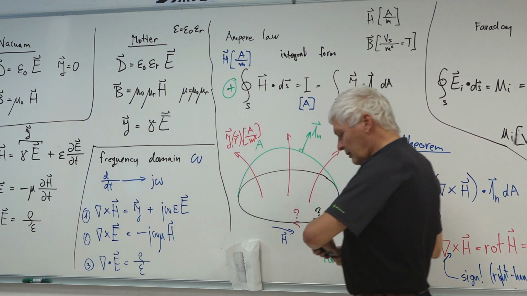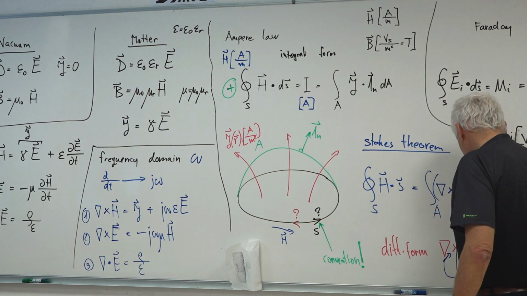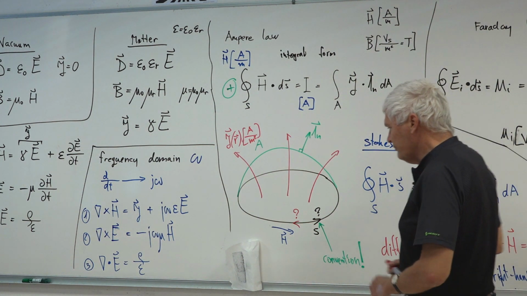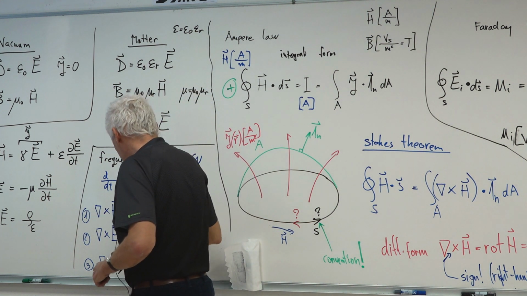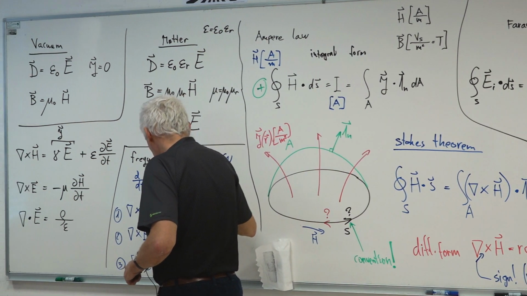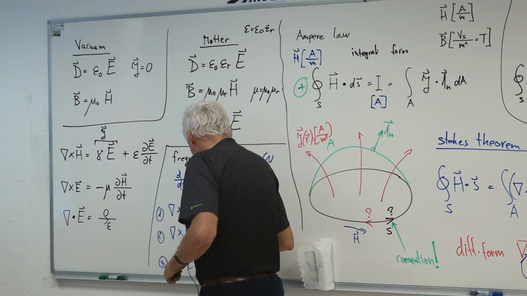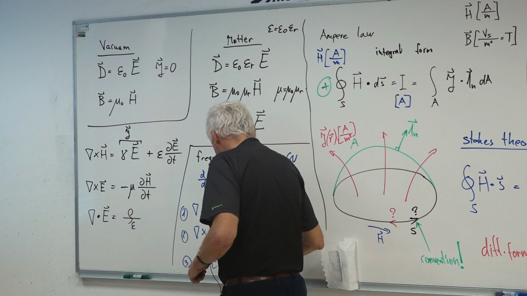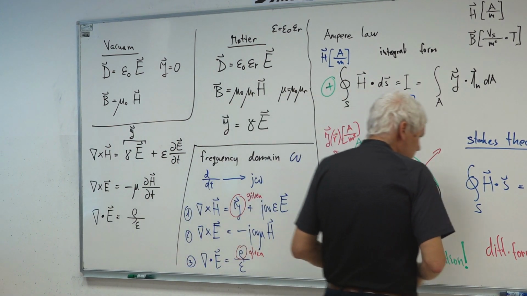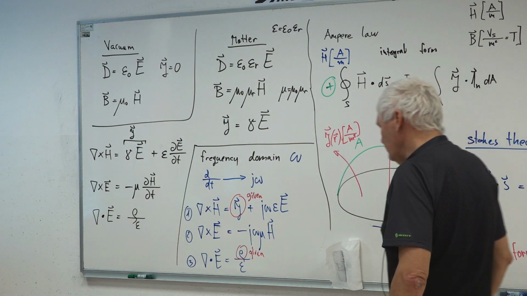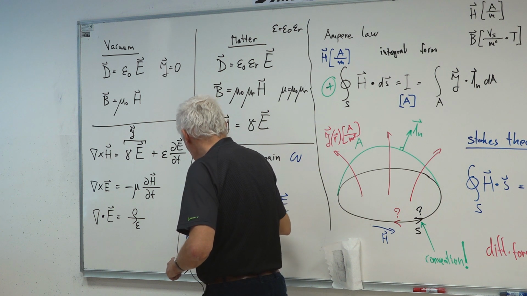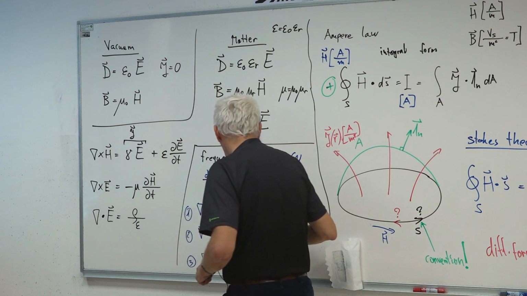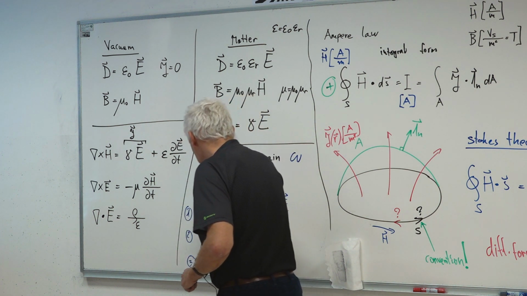So what will be our first problem next hour? Our first problem will be: given the sources, find the unknowns. What unknowns do we have here? The unknowns are the magnetic field and the electric field.